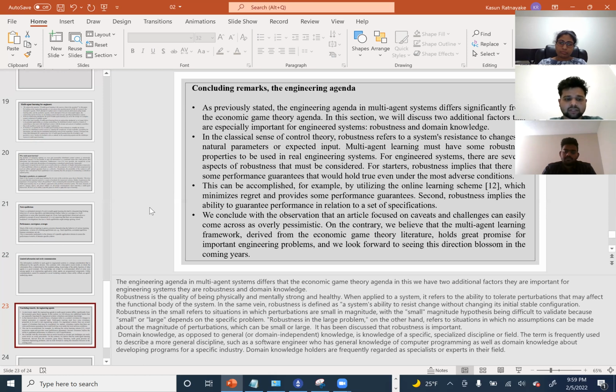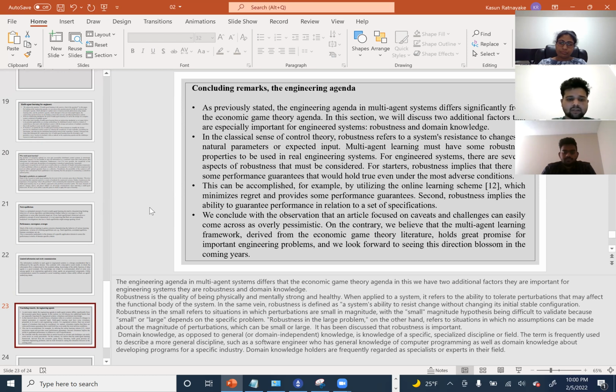Robustness in the small refers to situations in which perturbations are small in magnitude, with the small magnitude hypothesis being difficult to validate because small or large depends on the specific problem. Robustness in the large, on the other hand, refers to situations in which no assumptions can be made about the magnitude of perturbations, which can be small or large. It has been discussed that robustness is important.